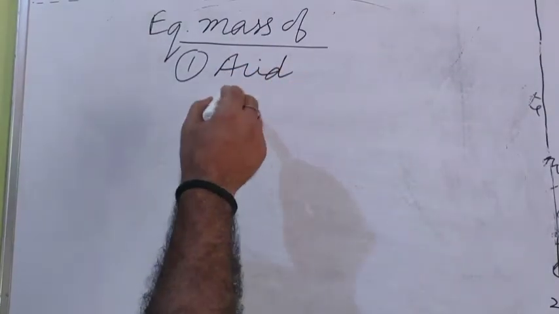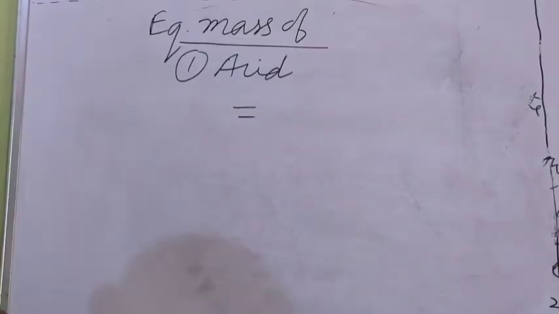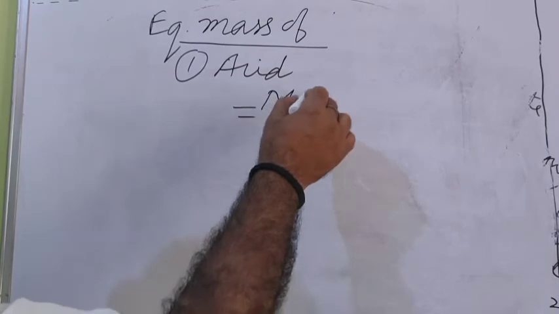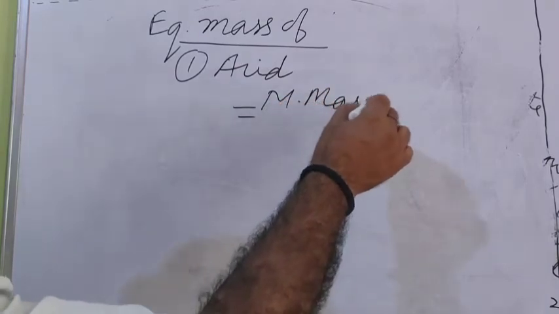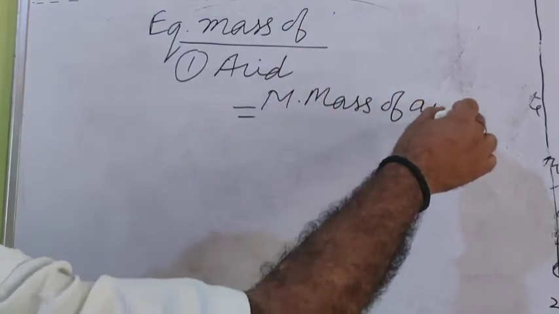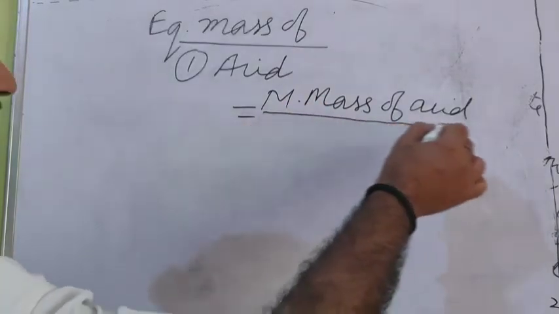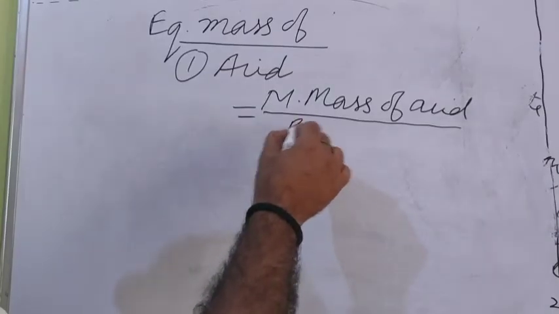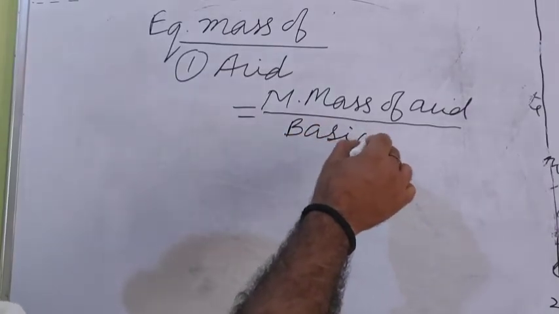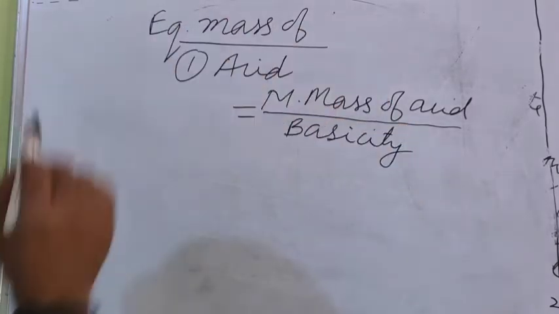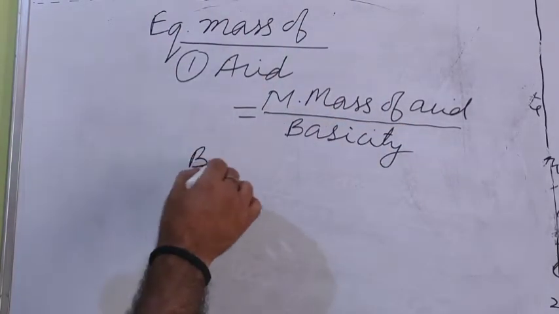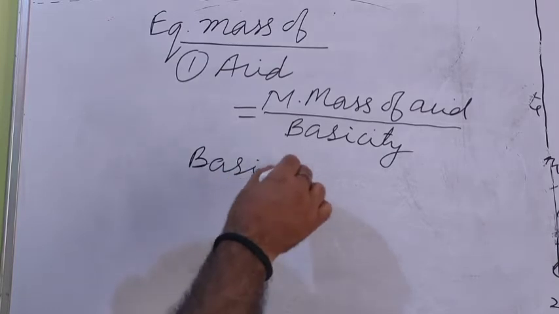So the equivalent mass of acid is equal to molecular mass of acid upon basicity. And what is basicity?